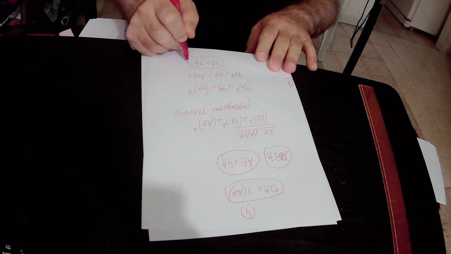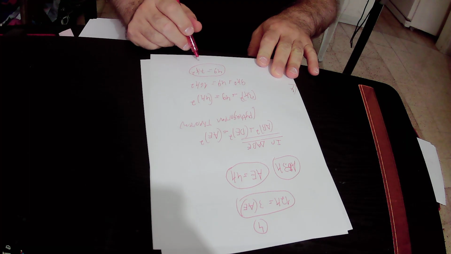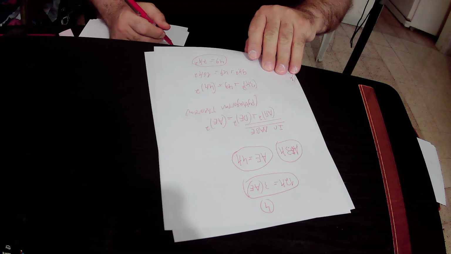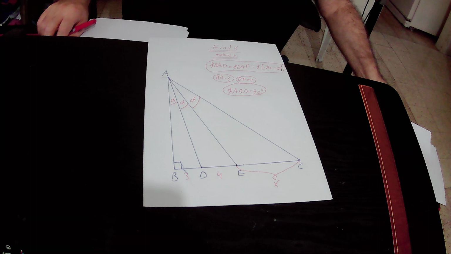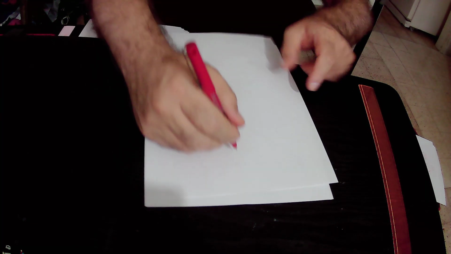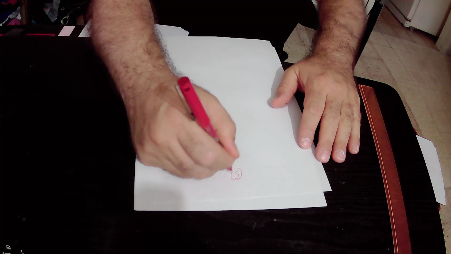So here we will divide this equality by 7, and 49 over 7 is 7. So in total we will get that K squared equals 7.